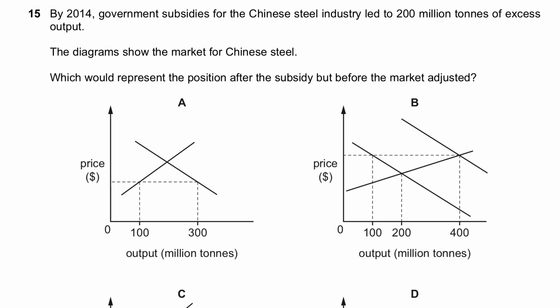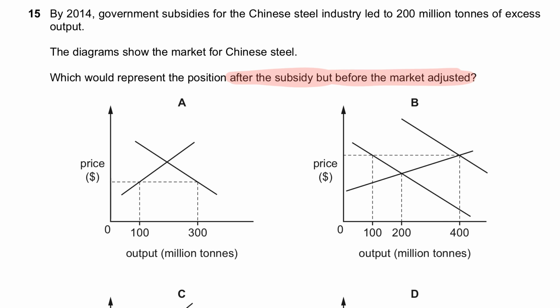In question 15, it says that by 2014, government subsidies for the Chinese steel industry led to 200 million tons of excess output. The diagram shows the market for Chinese steel, which would represent the position before the subsidy but after the market adjusted.